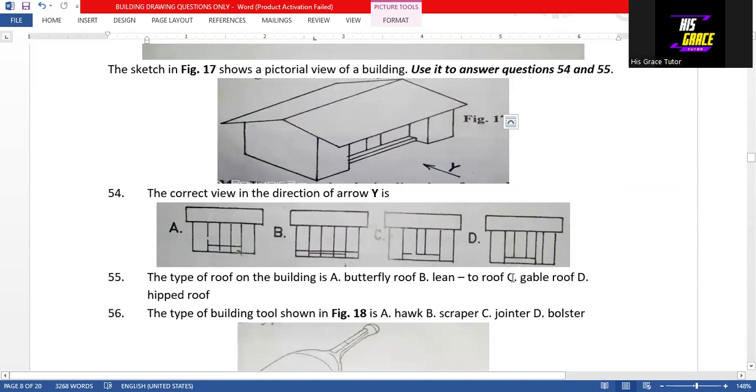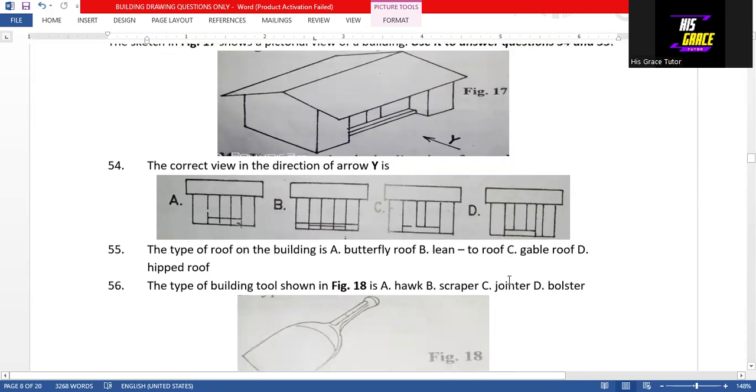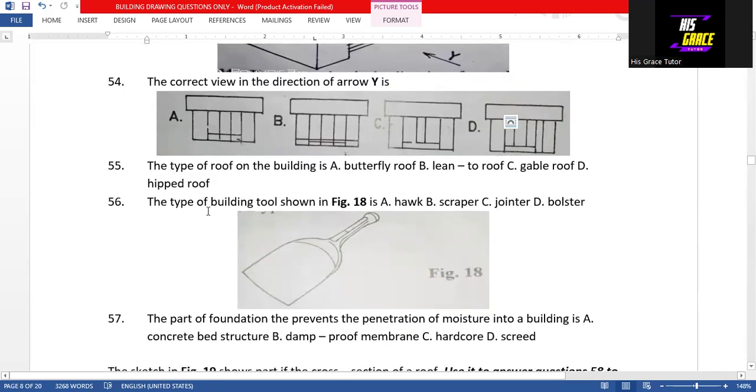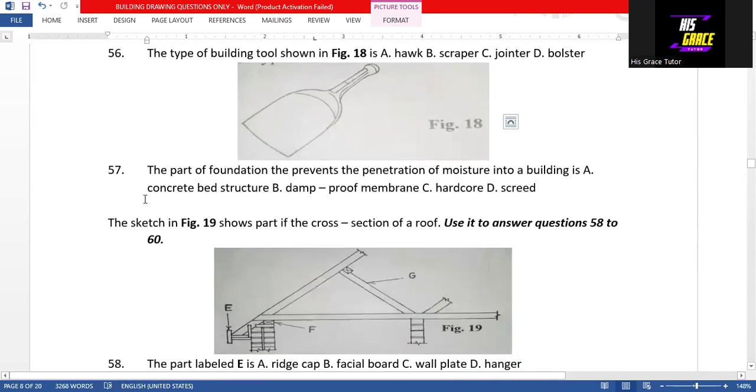That is also option C. Then question 56, the type of building tool shown in figure 18 is a buster. That is option D. Then question 57, the part of foundation that prevents the penetration of moisture into a building is a damp-proof membrane, or we call it damp-proof course. That is option B, the answer to question 57.